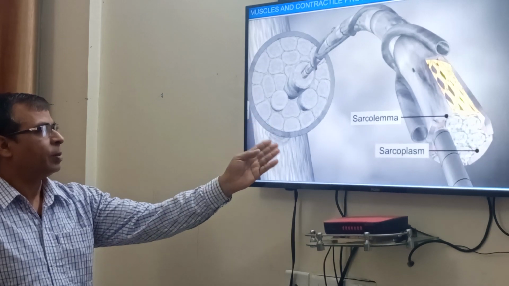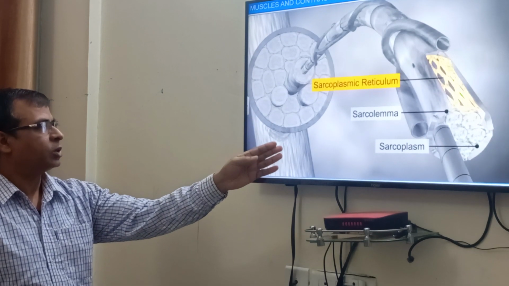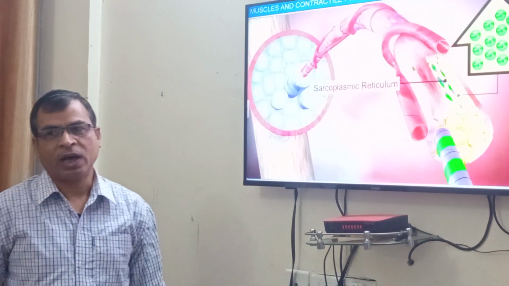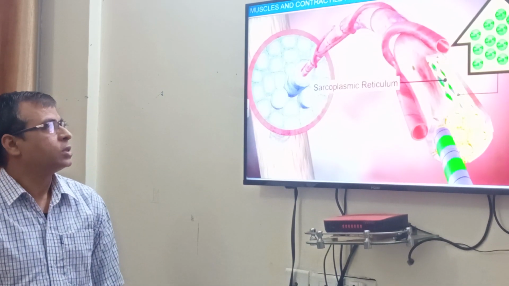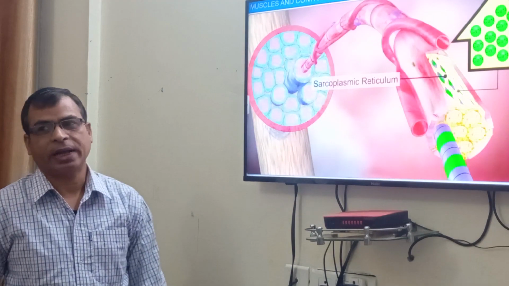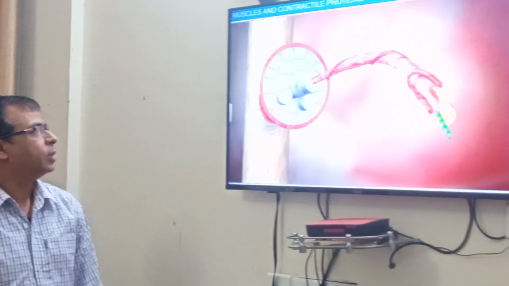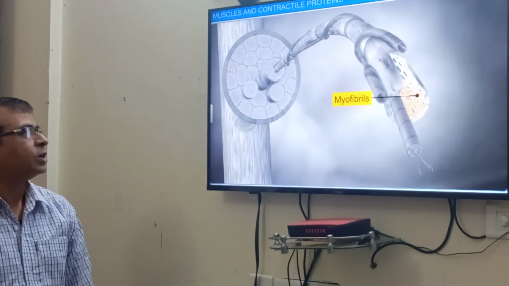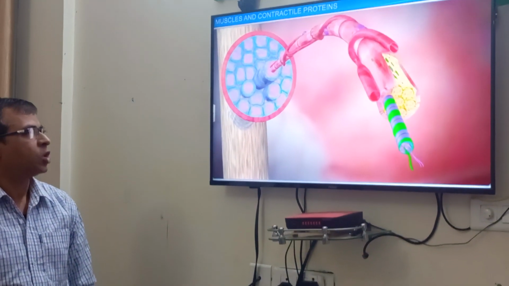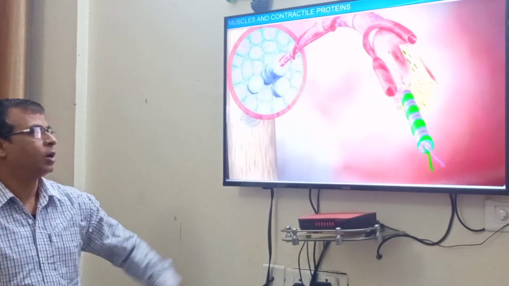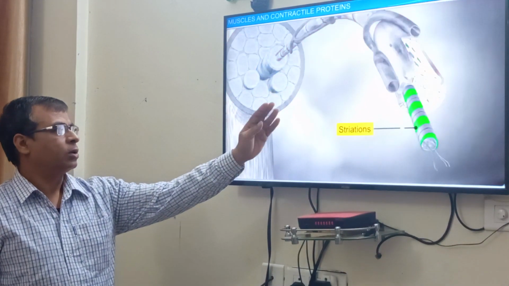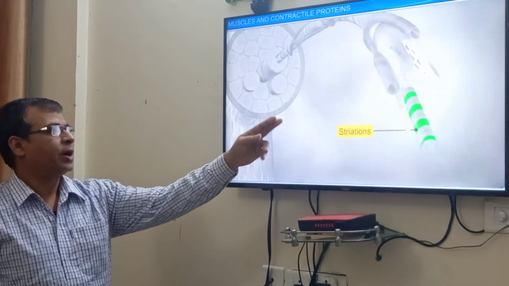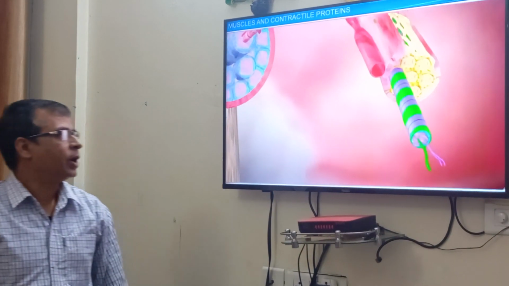The plasma membrane is called the sarcolemma, the cytoplasm is called sarcoplasm, and the endoplasmic reticulum is called the sarcoplasmic reticulum. This is the storehouse of calcium ions, which are important for muscle contraction. Now let us go into detail about the structure of myofibrils or myofilaments. They have a striped structure, with dark bands and light bands.